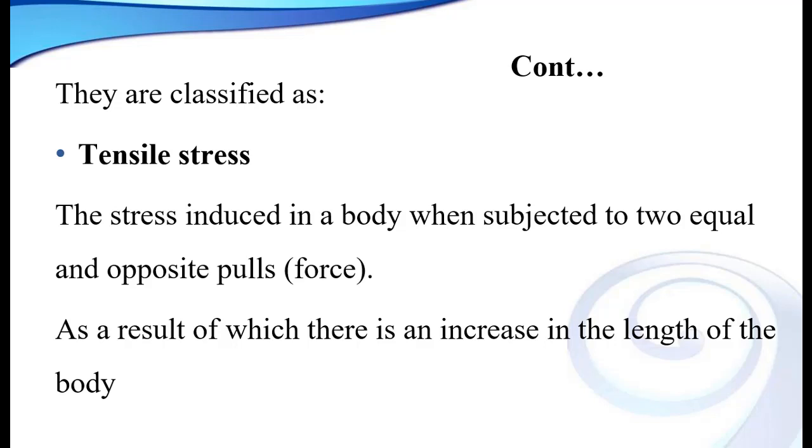They are classified as tensile and compressive stresses. Tensile stress is the stress induced in a body when subjected to two equal and opposite pulls, and it increases the length and reduces the cross-sectional dimensions, that is breadth and depth.